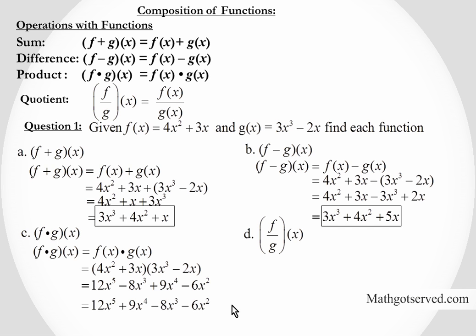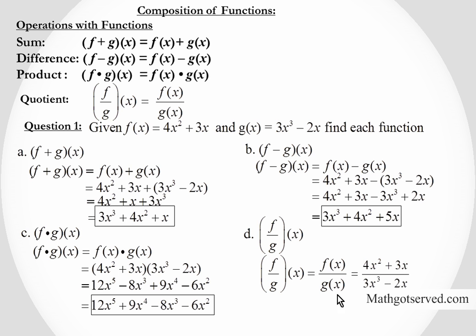Now the quotient f over g of x, for that one, we just apply the formula. f over g of x is basically f of x divided by g of x. So we have the numerator being f and the denominator expression being g. We'll factor the numerator and the denominator. If they're factored, you notice that nothing can be reduced, so we just leave it that way.